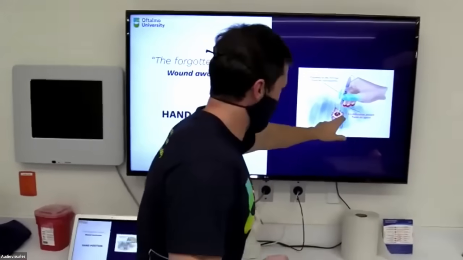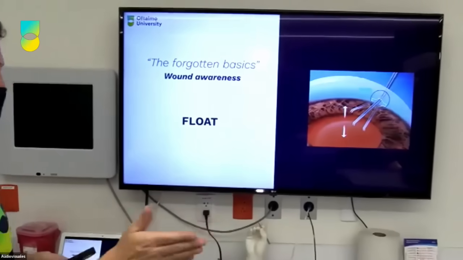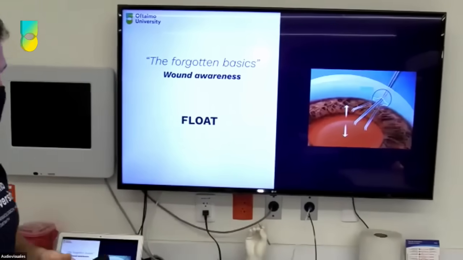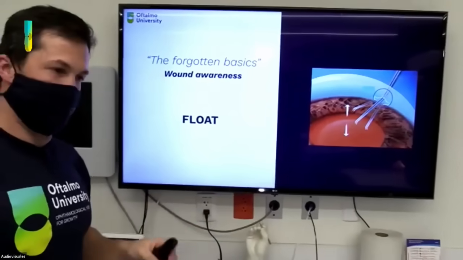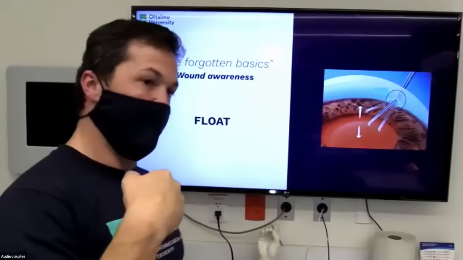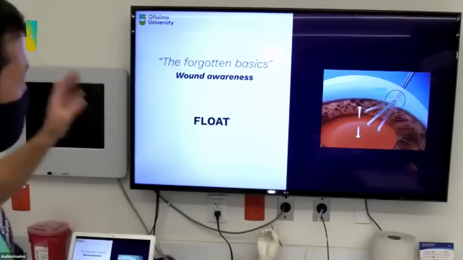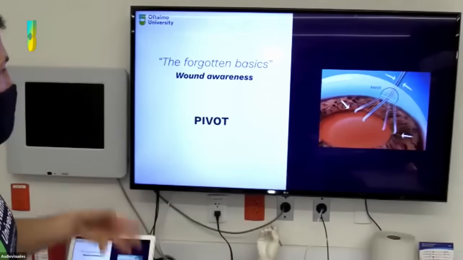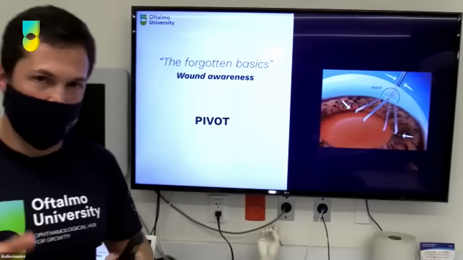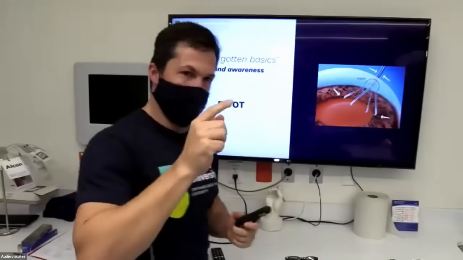And then we are allowed to float or to pivot through that incision. That was what Ashley was saying, right? The eye doesn't need to know that we're doing something through that incision. And that's why the next case is going to be with a moving eye. It's going to be a lot harder. So we're talking about floating. We're talking about pivoting. I'm going to do a couple of images of how I teach that.